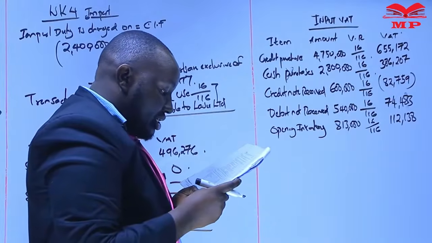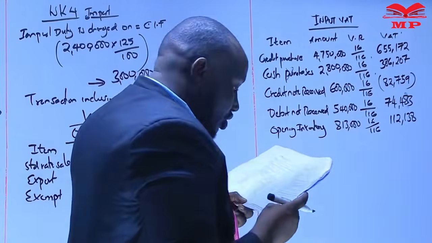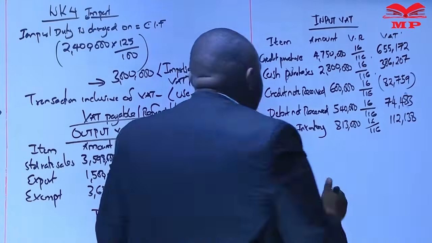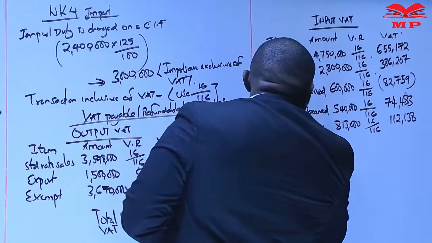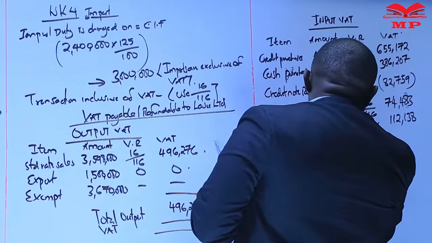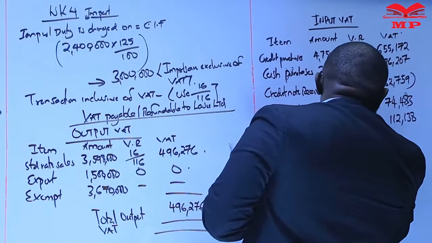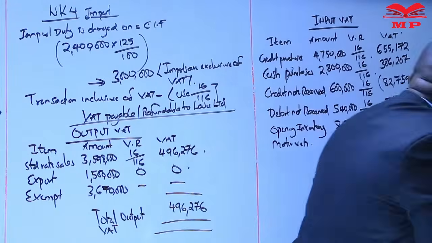So we proceed to the next. During the month, the company purchased a motor vehicle on hire purchase. We use the cash price, which is 3.8 million, times 16 over 116.